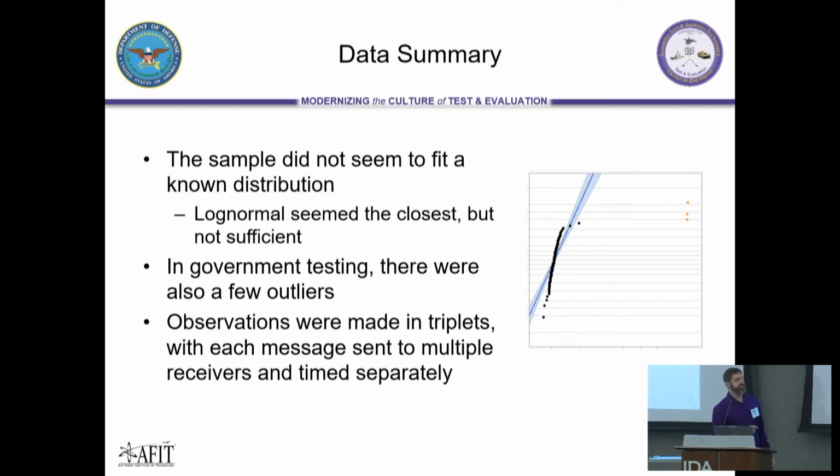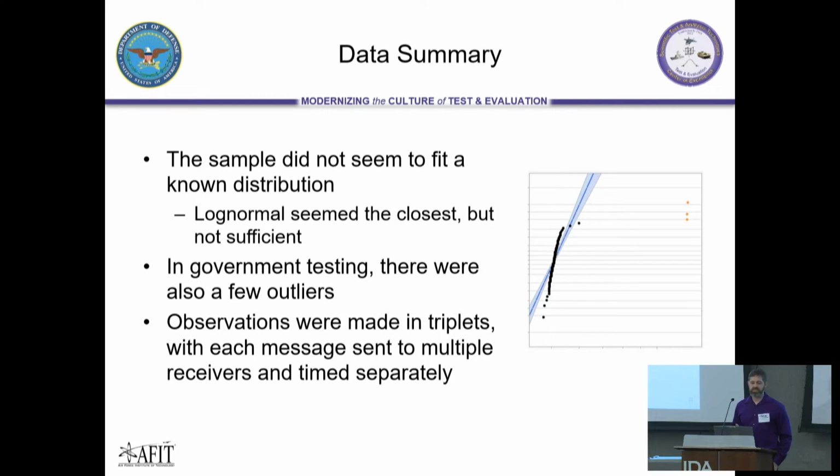So this is data works. I figured I probably should show some data at some point. So here it is. And we got a sample that we thought log normal would probably be a decent fit. Turns out it was the best fit, but not a great one. In government testing, we also saw outliers, which had not been there in the contractor testing.